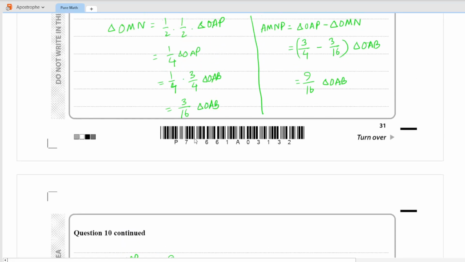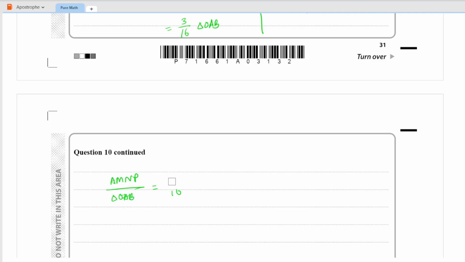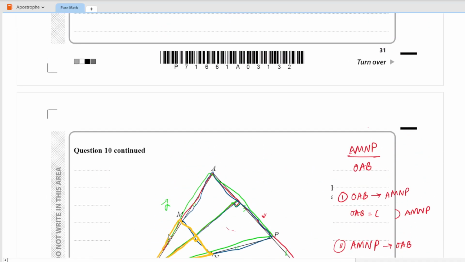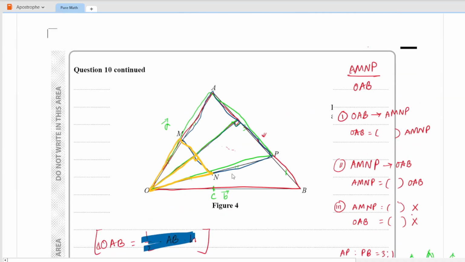Okay, if you are confused with this, so this is basically 9 over 16 triangle OAB over triangle OAB. This and this gets cancelled, so you have, this is the answer. So this is the value of K. Okay, so there are a lot of questions like this where you actually have to take the ratio of sides and ratio of heights.